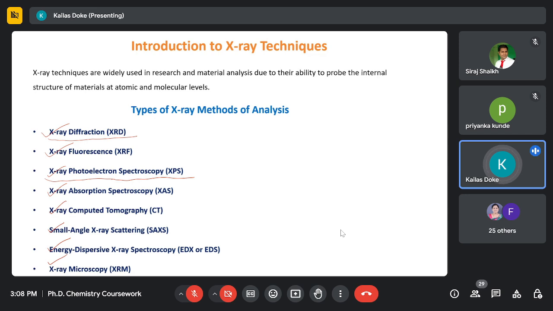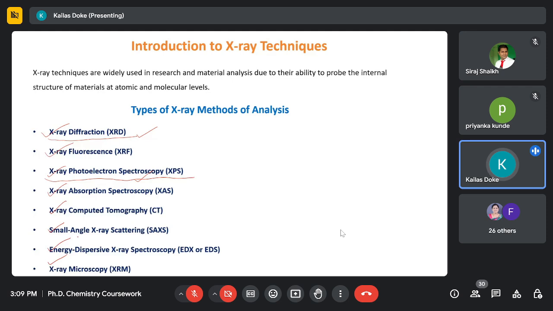As far as this course, instrumental analysis, is concerned, I am going to focus on these two techniques only. 90% of material analysis is carried out using X-ray diffraction or X-ray photoelectron spectroscopic methods. The rest of the methods are also applied, but they have somewhat different applications.